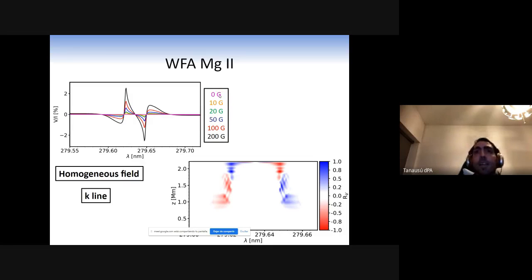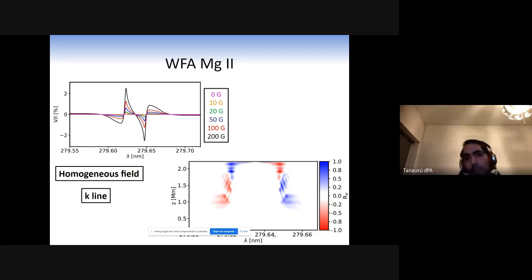If we add a homogeneous, that means constant with height, magnetic field of increasing amplitude, we get circular polarization profiles of this shape. We can see that it's characterized by two pairs of lobes. We call this one the inner lobe, and this one the outer or wing lobe. And here in the bottom right, what we are plotting is the response function of Stokes V to the magnetic field. That is how the circular polarization changes when we do a small perturbation to the magnetic field.